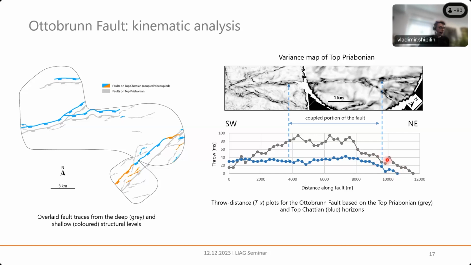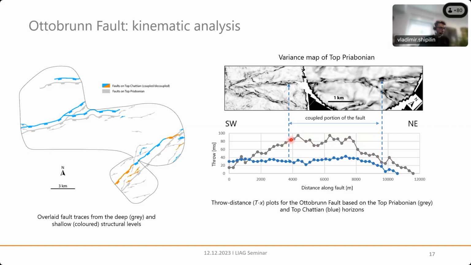And we see that the portion of the fault which is characterized by coupled fault segments is basically the portion of the fault where we've got the highest displacements at top Preabonian.